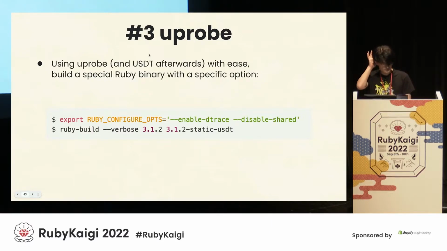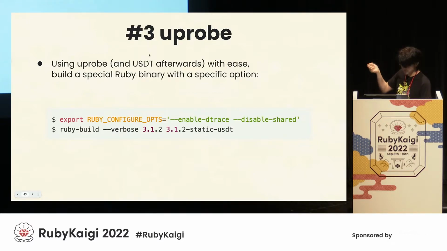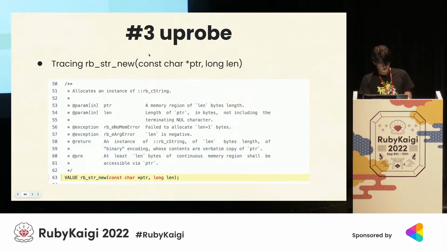By the way, in this slide, I'm going to use Ruby and trace Ruby, but the Ruby binary is built with specific configuration options: enable dtrace and disable shared. So let's trace some Ruby functions.